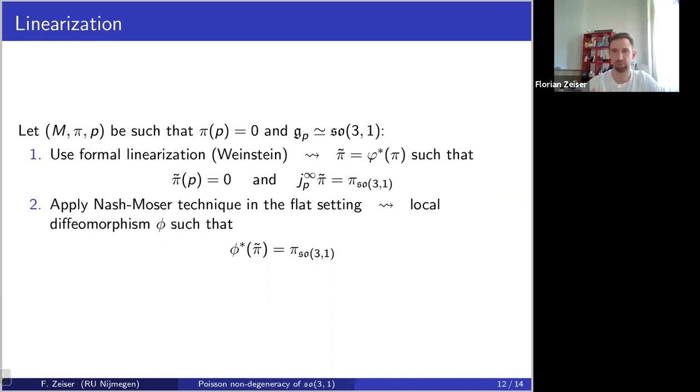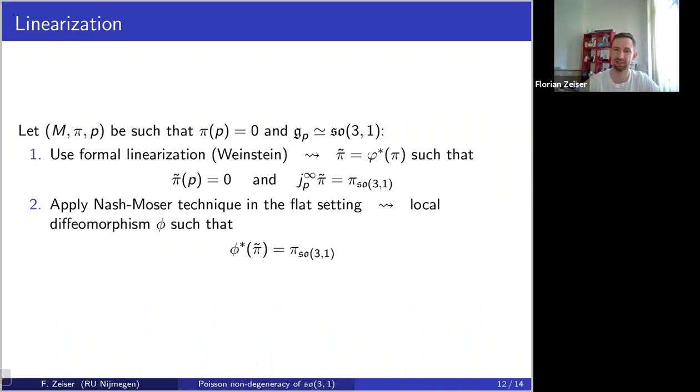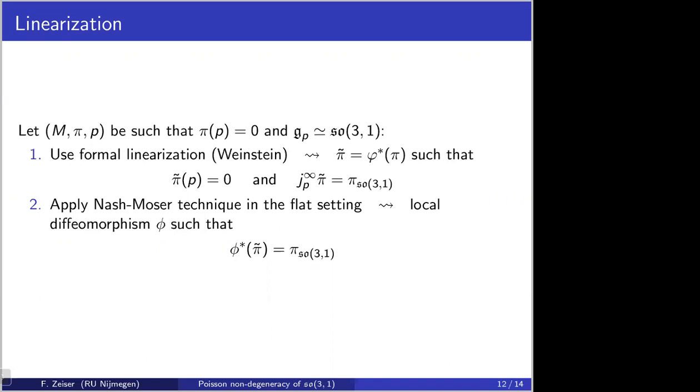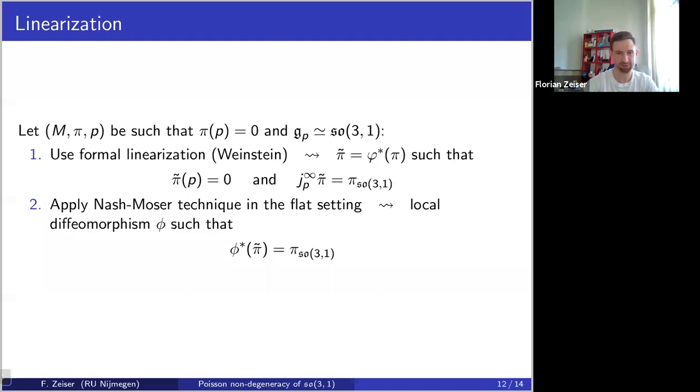What you are extending is the power series to an actual diffeomorphism, and then all you do is pull back the original Poisson structure using this diffeomorphism. I see. What is formal is the diffeomorphism, not the Poisson structure. Exactly. Okay, thank you. You're welcome. Oops, that was not planned.